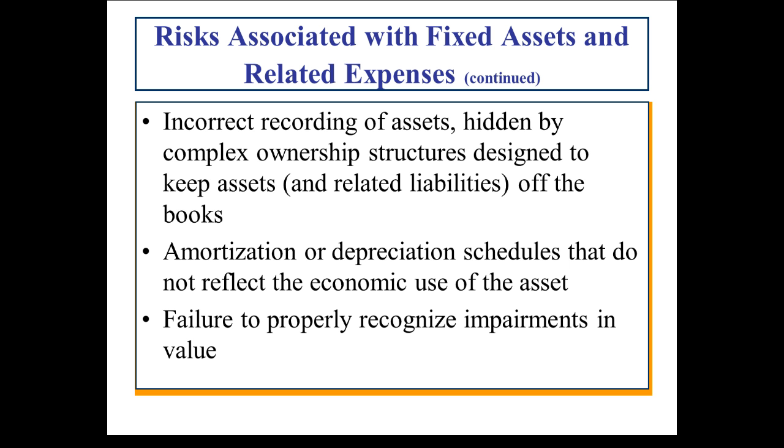Incorrect recording of assets hidden by complex ownership structures, amortization or depreciation schedules, and impairment. So, in this day and age, there are such complex transactions that occur when we're dealing with various subsidiaries and various types of consolidations or combinations of companies, which is a whole other host of tax.